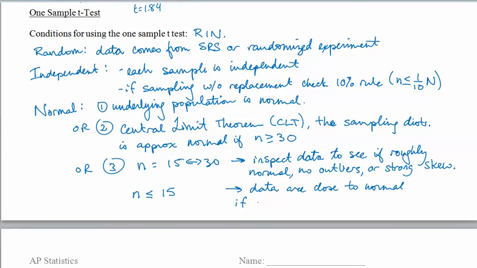If it's clearly not normal, or if there are outliers, then we can't proceed. Okay, so you need to be careful in those cases.